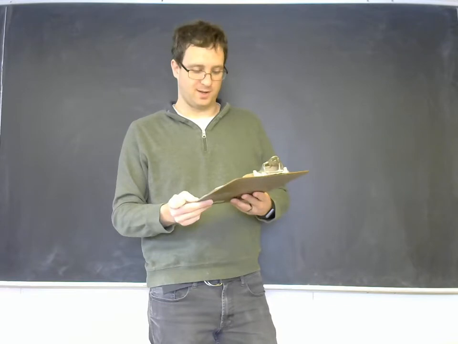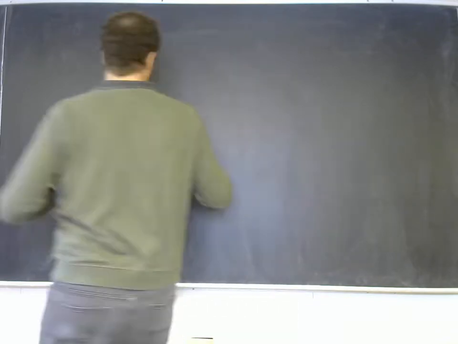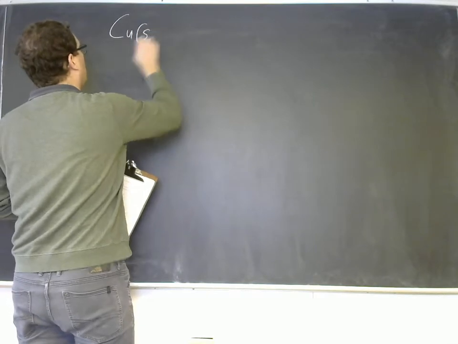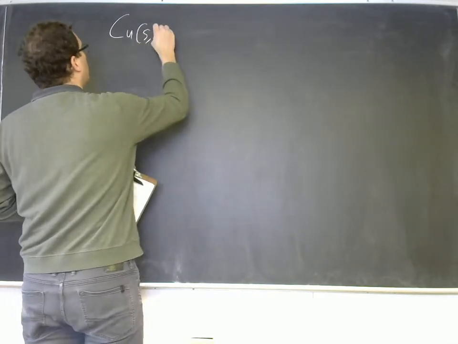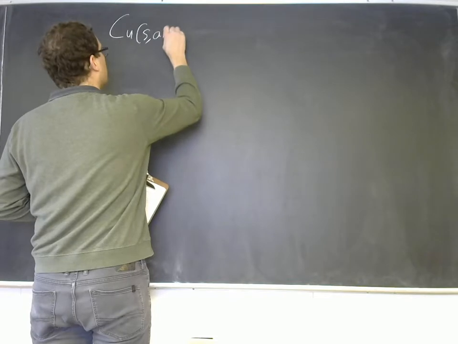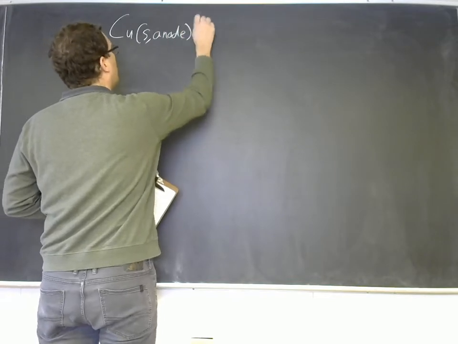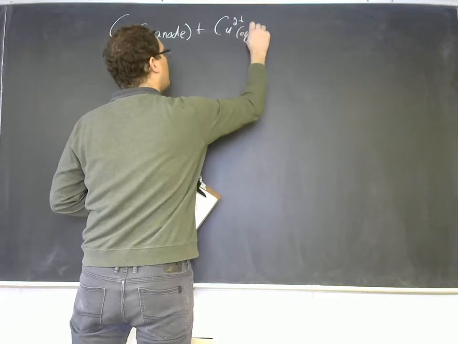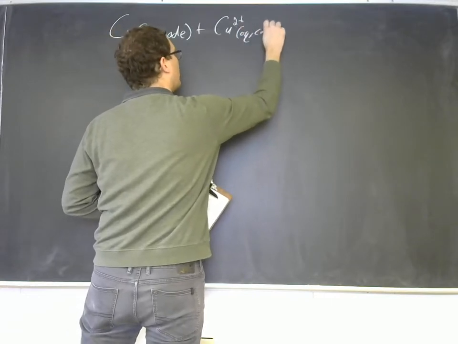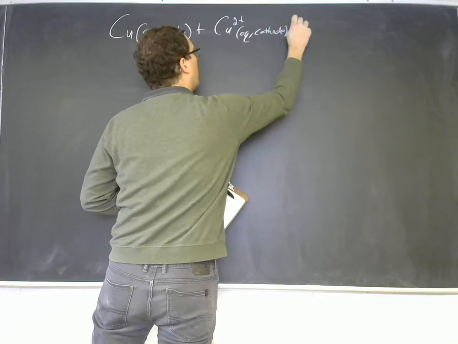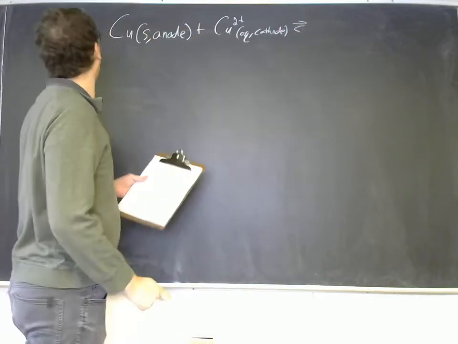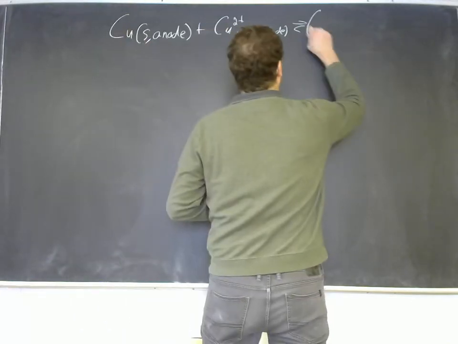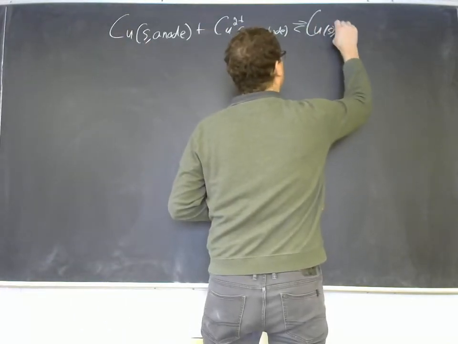The chemical equation in that case would be copper solid, and this would be where the anode is, plus copper 2+ aqueous, and this is where the cathode is. And what's that going to form? Well, the cathode cations are going to be reduced to copper solid. So copper solid in the cathode, plus Cu 2+ aqueous in the anode.